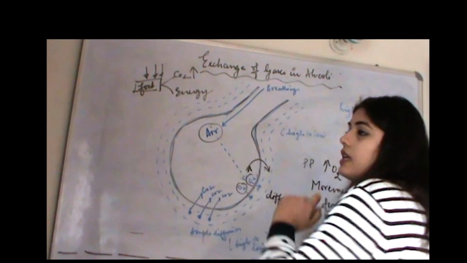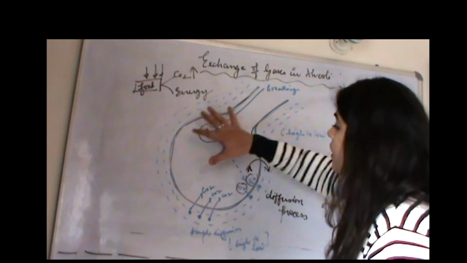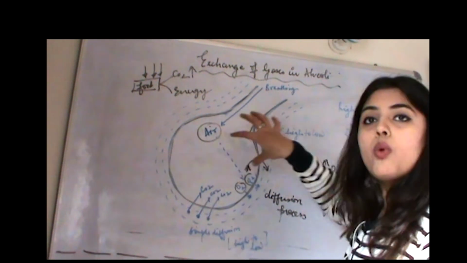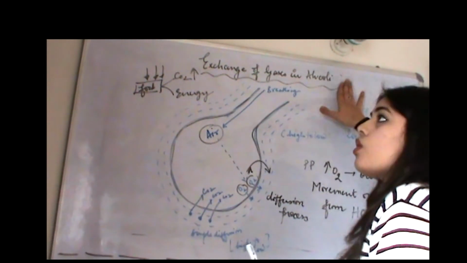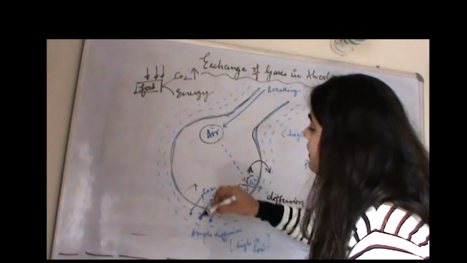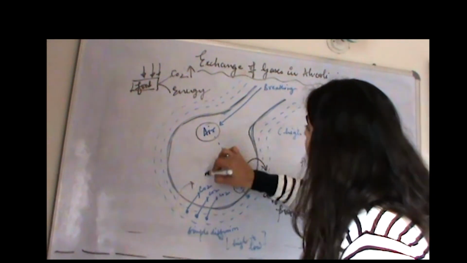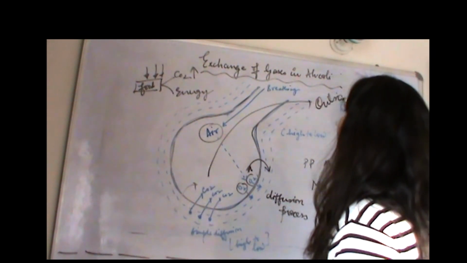It reaches inside the alveoli through simple diffusion, the same process. When the carbon dioxide concentration is more inside the alveoli, where will it go? From high concentration to low concentration. From the blood capillaries it goes into the alveoli, and from the alveoli it goes outside by the same process.